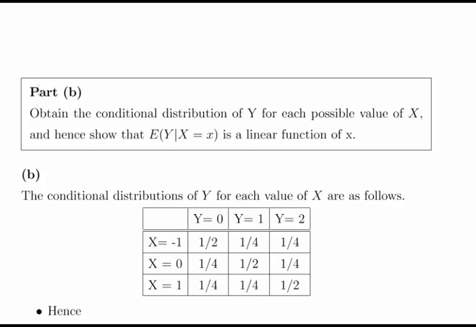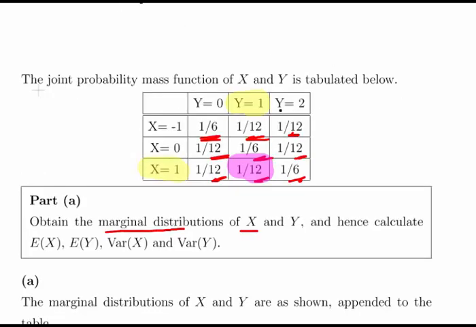Okay, so the conditional distributions of y for each value of x are as follows. Essentially what we're doing here is just reforming this here. So 1/6, 1/12, and 1/12.